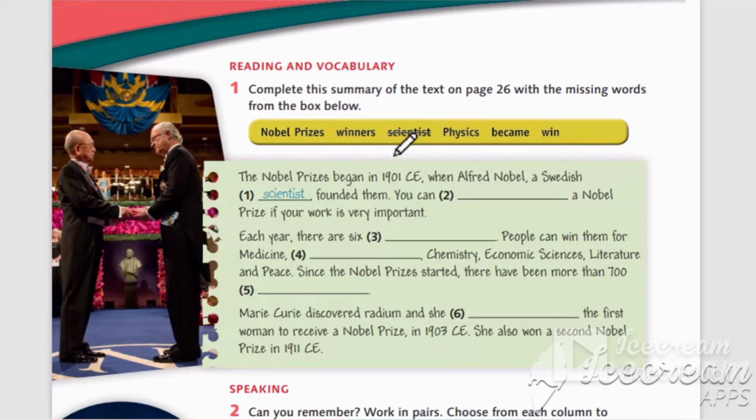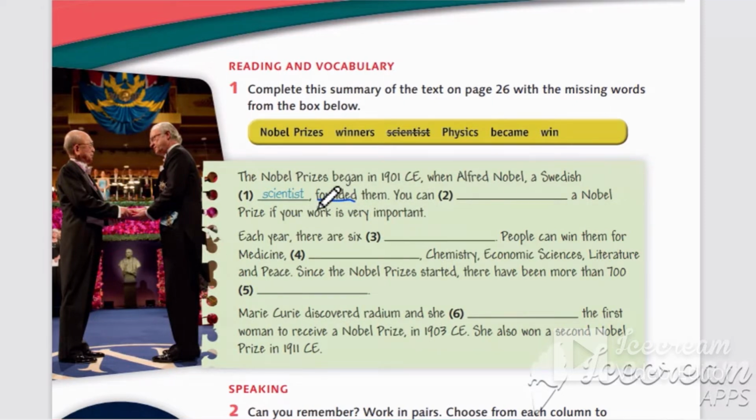The Nobel Prize began in 1901 CE when Alfred Nobel, a Swedish scientist, founded them. Founded, circle it, miss. It means established or created.